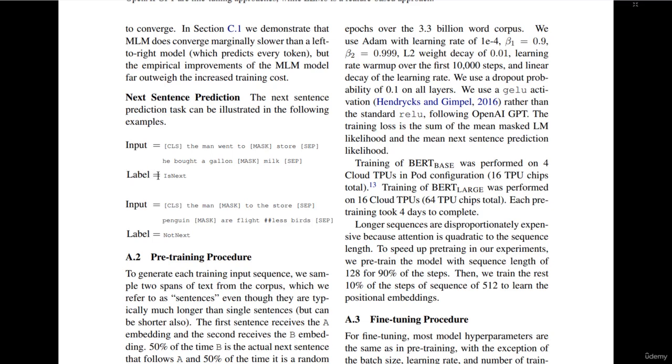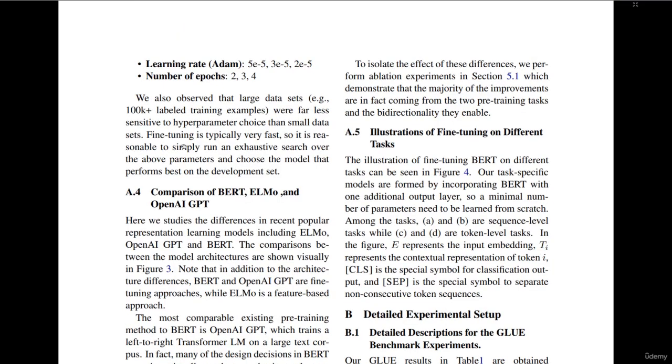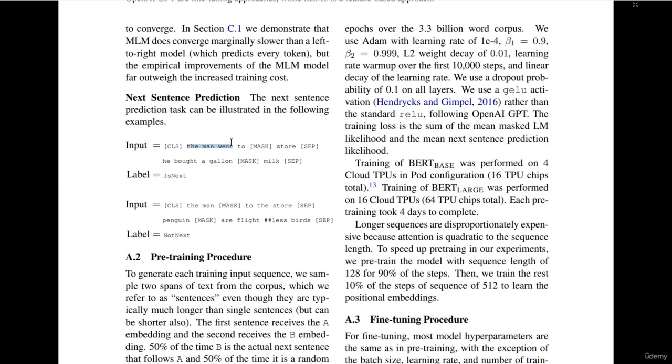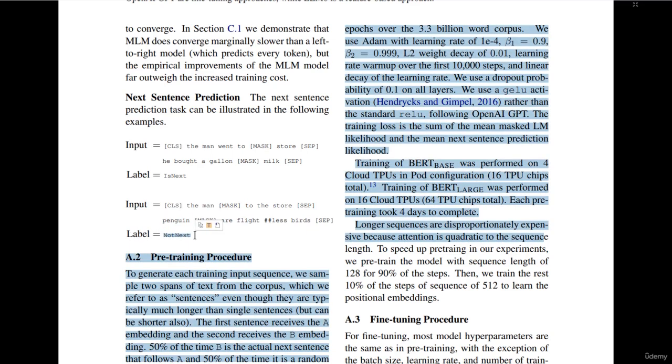The label here is next, because this is what comes after the first sentence. Now look at another example: the man mask to the store. What we do is pick a sentence at random from our dataset, and what we obtain is penguin mask are flightless birds. So the label here is not next.